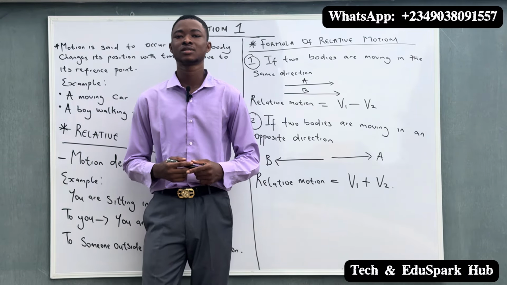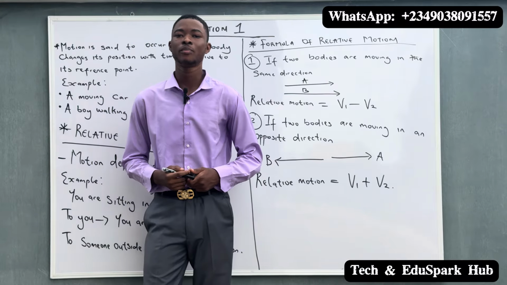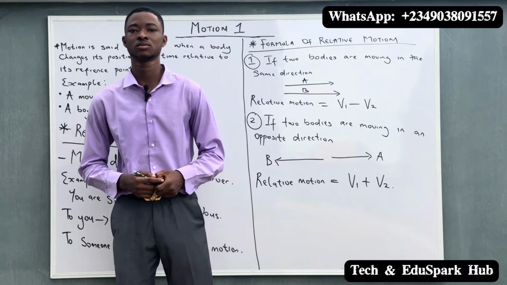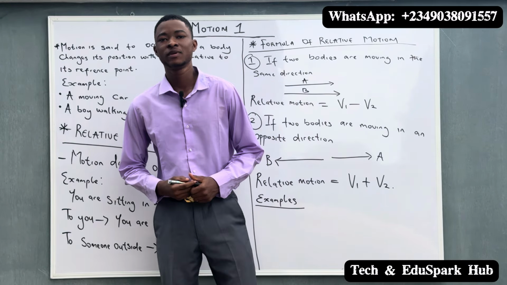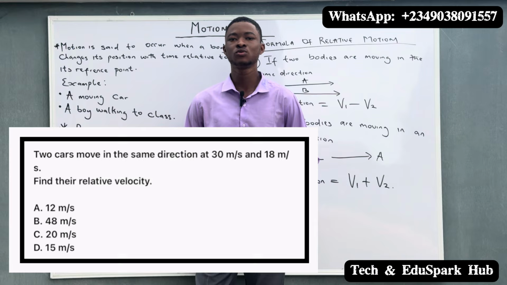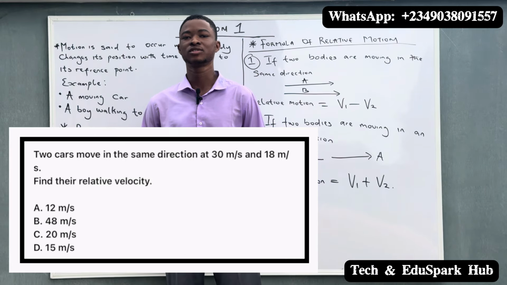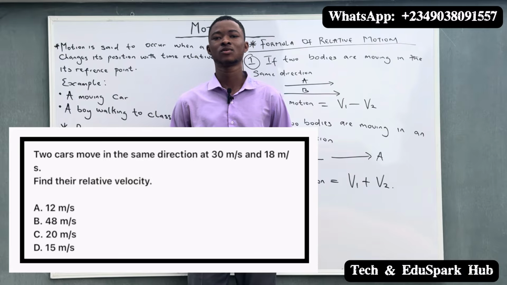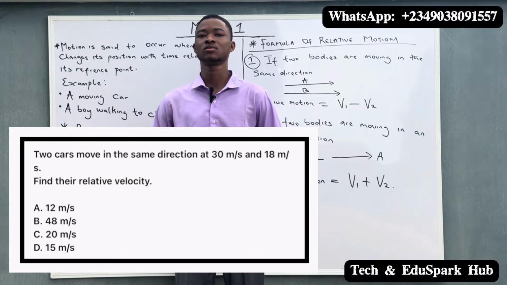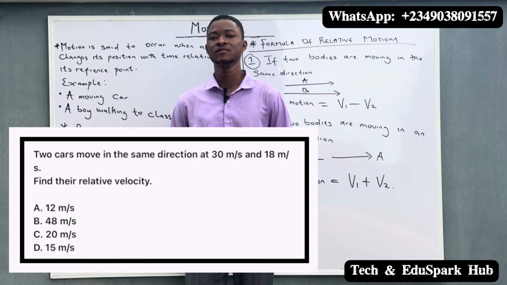So let's look at some examples under this relative motion. The first example, as displayed on the screen, says that if two cars are moving in the same direction, 30 meters per second and 18 meters per second, find their relative velocity.